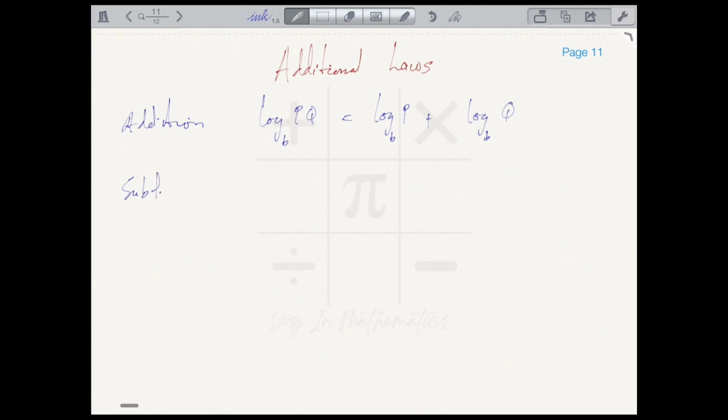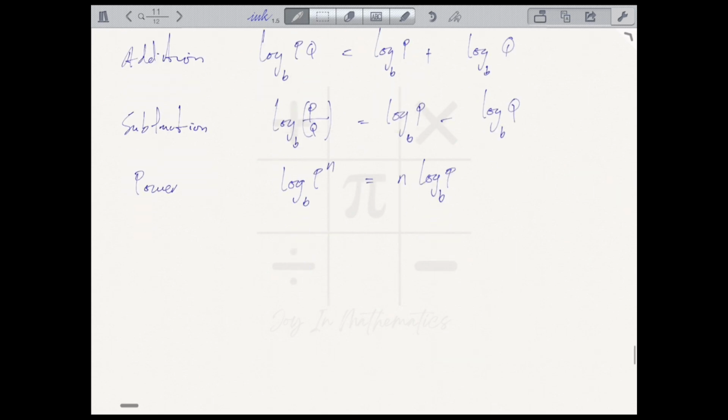Likewise, subtraction law says log p divided by q to base b is equal to log p to base b minus log q to base b. And the power law simply says that log p raised to the power of n to base b is equal to n log p to base b.